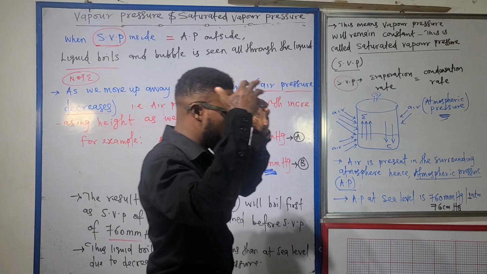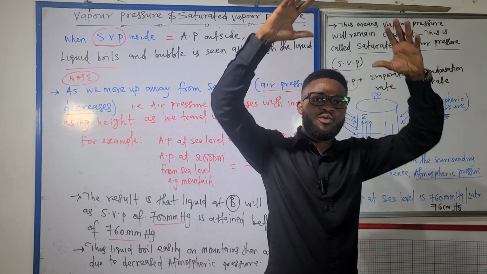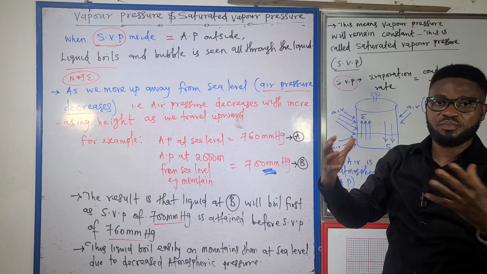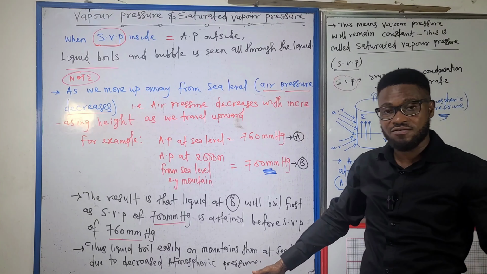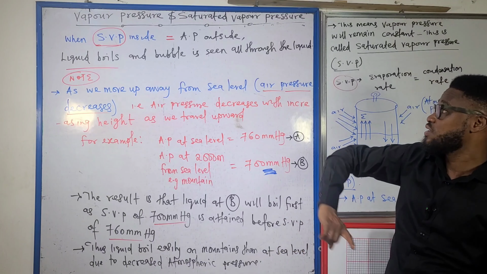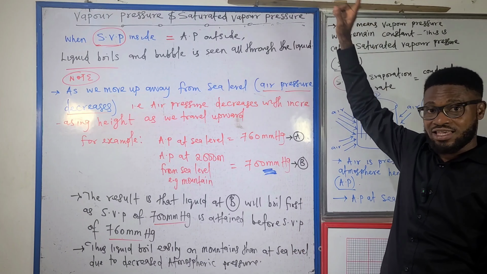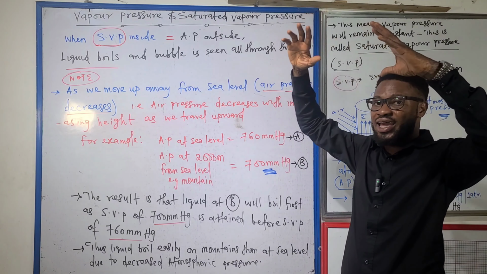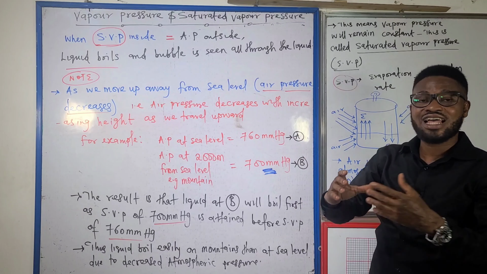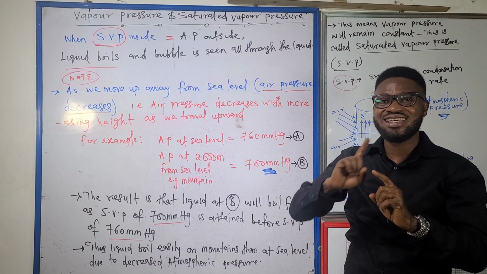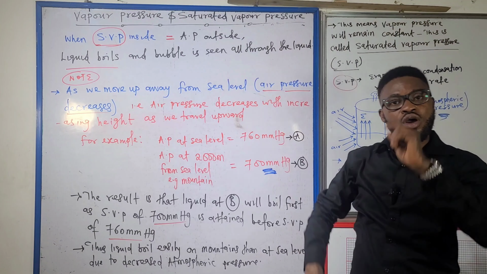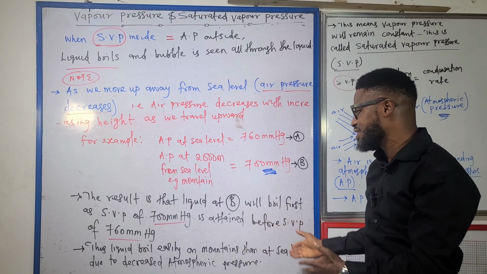The farther up we go, the lesser the amount of air we have around to bombard and create atmospheric pressure. So at sea level we have so much air, which means increased atmospheric pressure. If we travel to a mountain top or hills, we have less air to bombard, and that means less atmospheric pressure. Less atmospheric pressure means that it is easier for me to attain that saturated vapor pressure on mountain tops than at sea level.